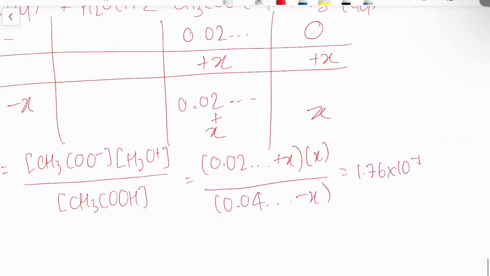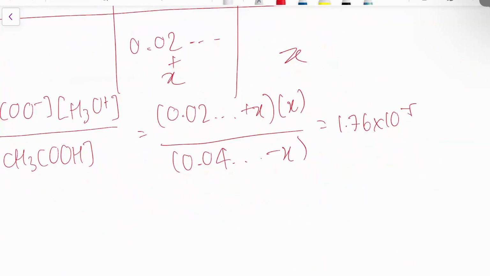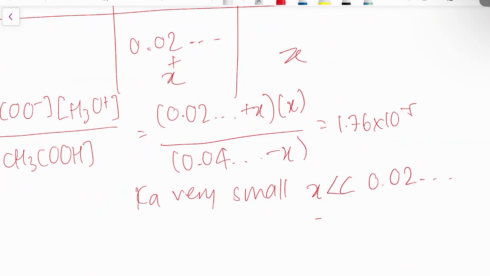And then this is going to be a really ugly looking quadratic because there's x's added and subtracted with two numbers, not just one like we're used to. So I'm going to say Ka very small. So x is way smaller than whatever that 0.02 is, but also x is way smaller than whatever the 0.04 is.